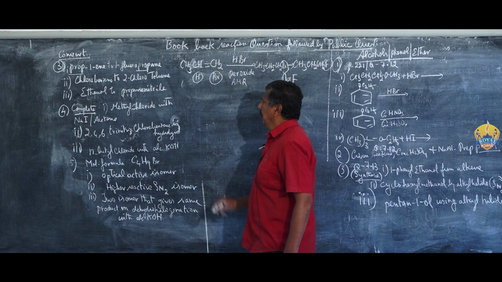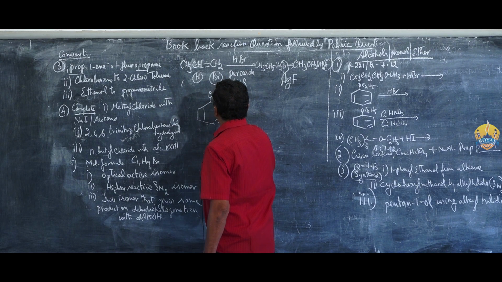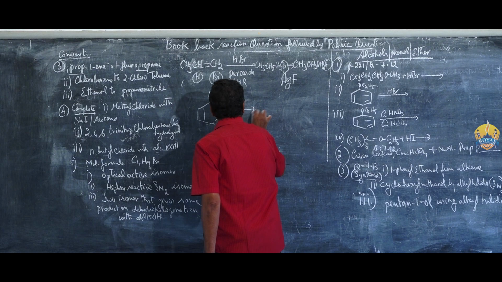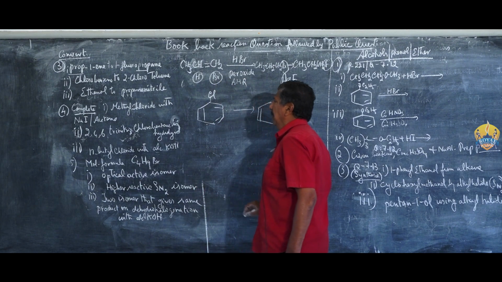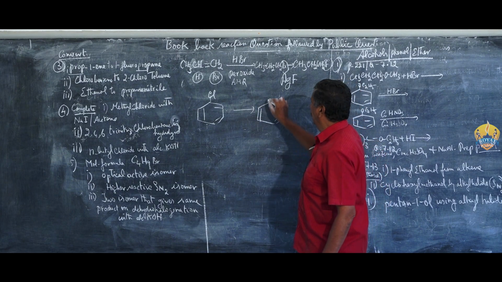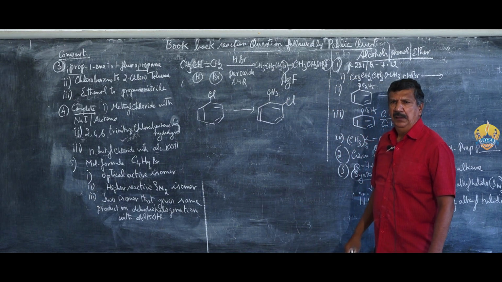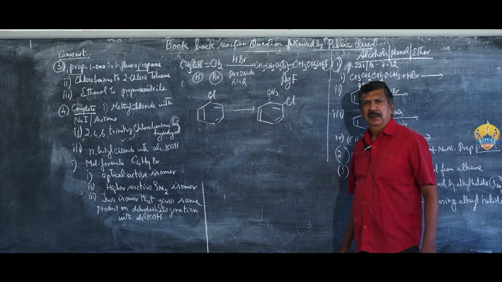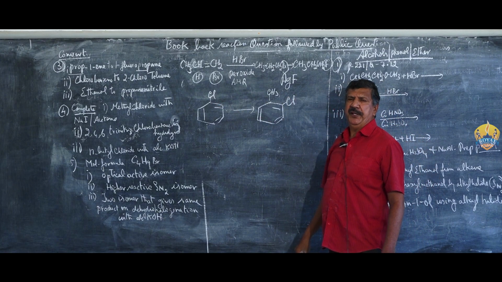Secondly, what is the question? Chlorobenzene to 2-chlorotoluene. First you write the formula, then only you will have some idea. Without writing the formula you may be confused. This is toluene. This is 2-chlorotoluene. You just compare. Here there is a chloride, here there is a chloride, no change.